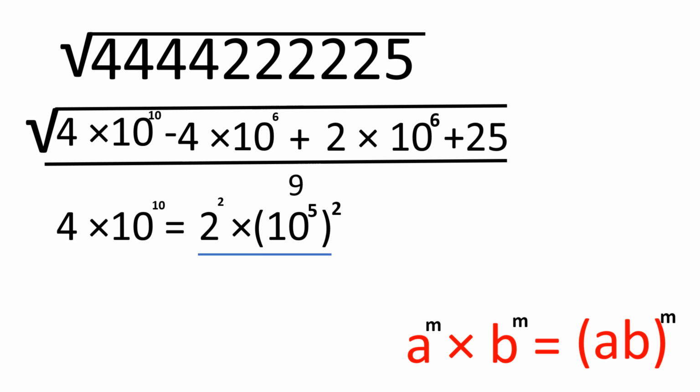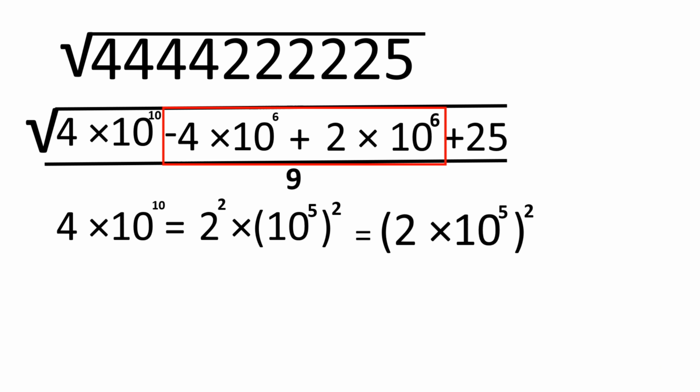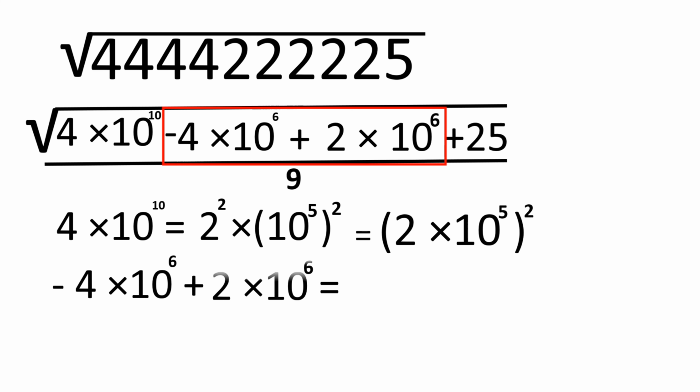Next power rule that we will use says that a raised to n times b raised to n, that is when 2 different numbers are raised to the same power, we can club them together to get ab whole raised to n. So this becomes 2 times 10 raised to the power of 5 whole square. Now this minus 4 times 10 raised to 6 plus 2 times 10 raised to 6 will be equal to minus 2 times 10 raised to 6.